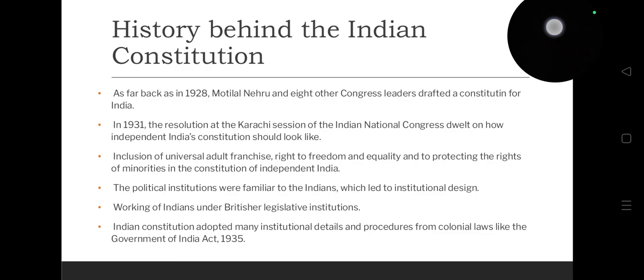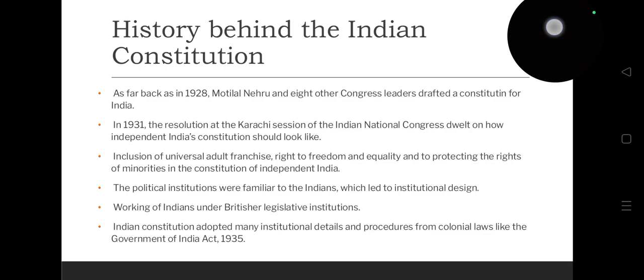Inclusion of universal franchise, right to freedom and equality, and protecting the rights of minorities in the Constitution of independent India. The political institutions were familiar to the Indians, which led to institutional design.